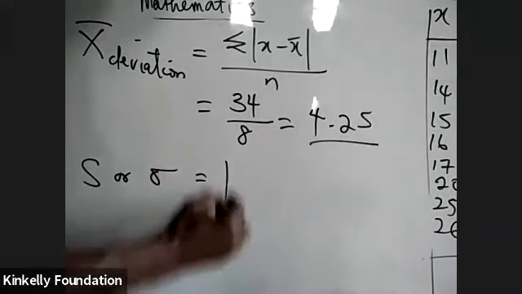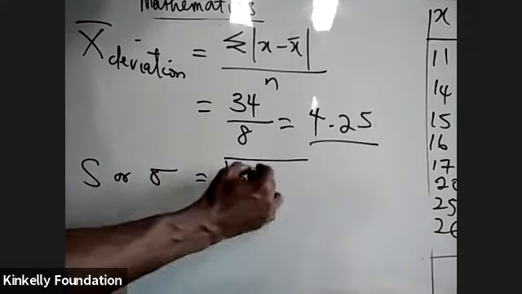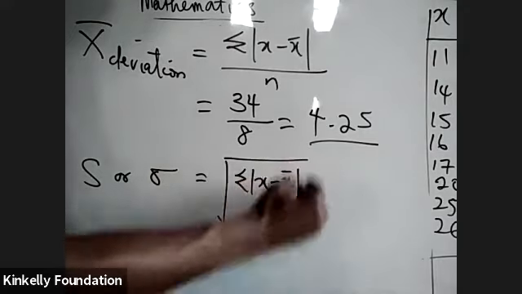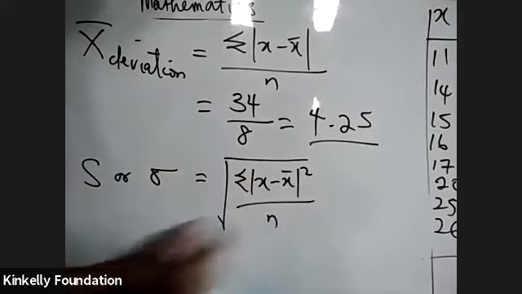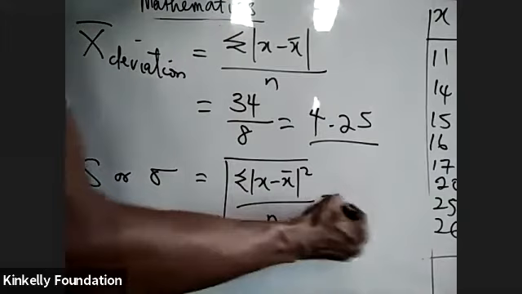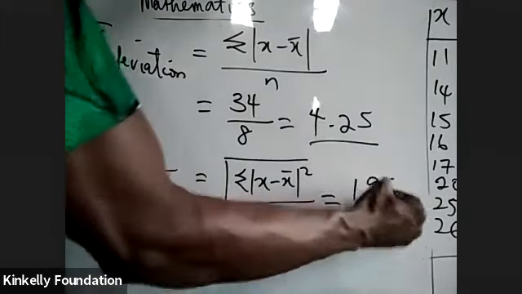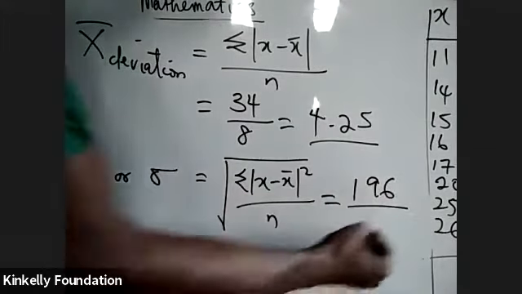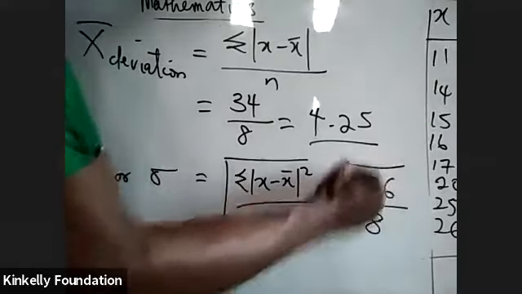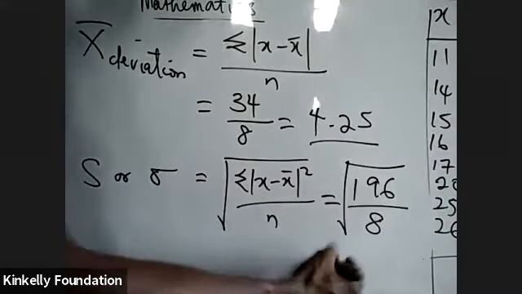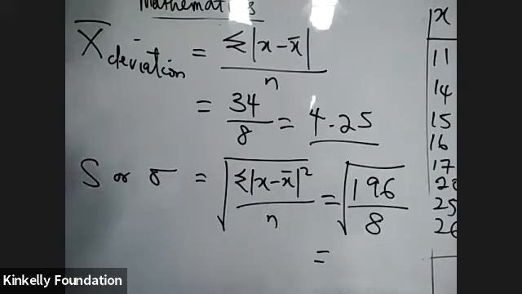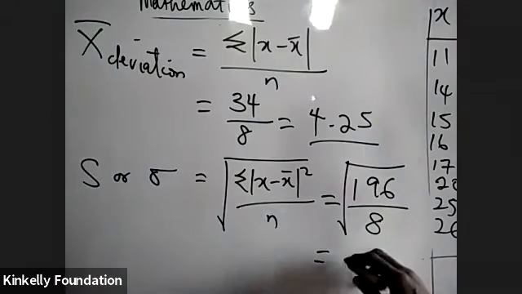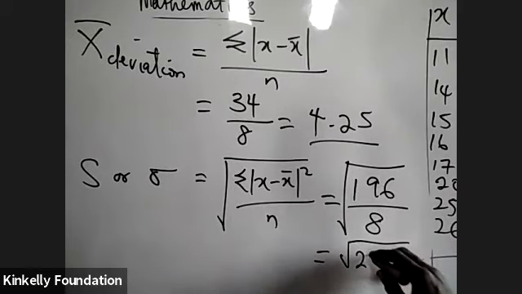Now the standard deviation, S, is equal to the root of the summation of (x minus x bar) squared, all over N. What we have here is 196 all over 8, and you take the root. 196 divided by 8 gives us 24.5.